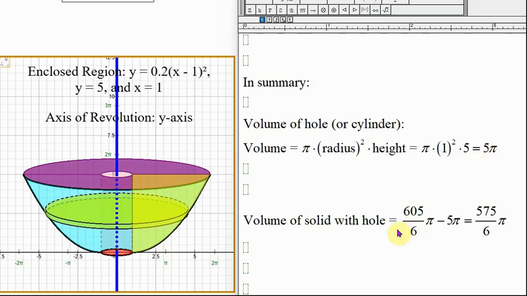The volume of the solid without the hole is 605 over 6 times pi. And then subtracting 5 pi, we get 575 over 6 times pi. So the volume of this solid with the hole is 575 over 6 times pi. And that's the end of the video.